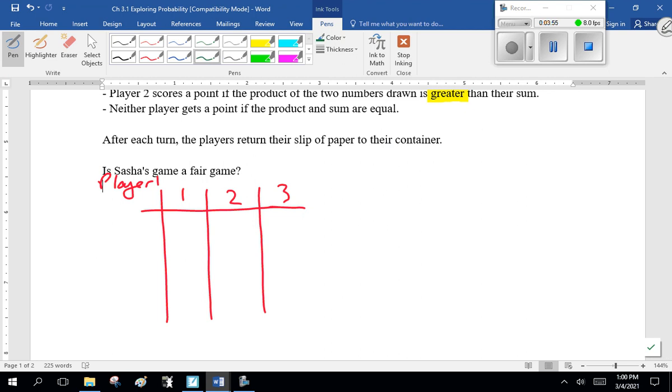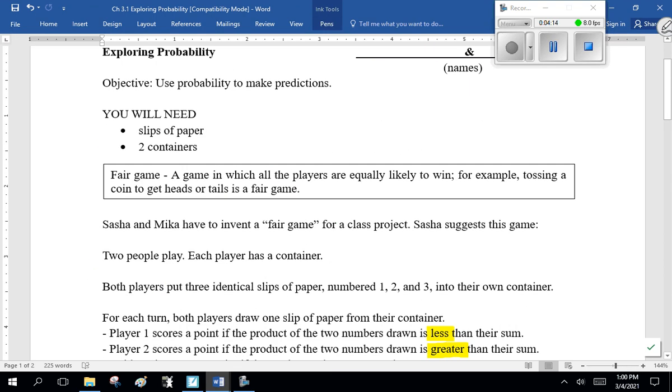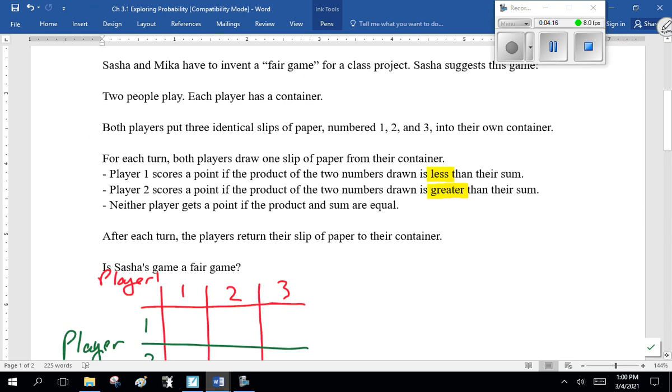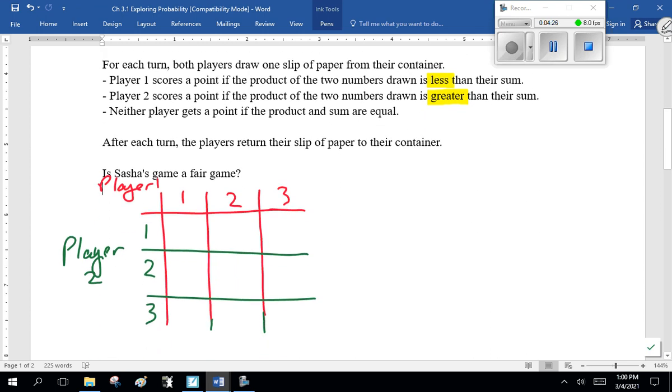And then we have 2. 1, 2, 3. All right. So let's look at, and now remember the rules. Player 1 scores a point if the product of the 2 numbers drawn is less than their sum. Player 2 scores a point if the product of the 2 numbers drawn is greater than their sum.